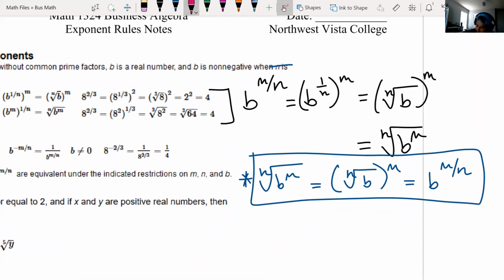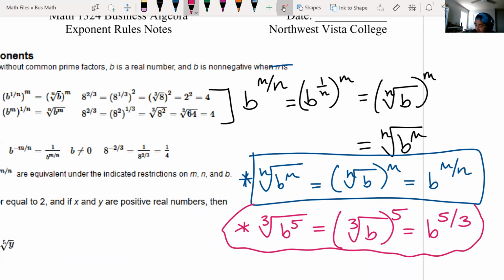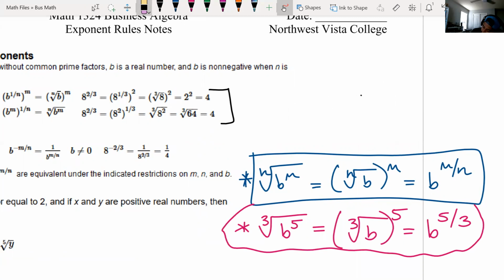And I guess I need an example of that. So if I had the cube root of, let's say, I'll put b in here, why not? I'll say b to the 5th. I can rewrite this as the cube root of b, all raised to the 5th, which means I can rewrite this as b to the 5 over 3. There we go. Okay, that's good enough. Get rid of all that crazy stuff.